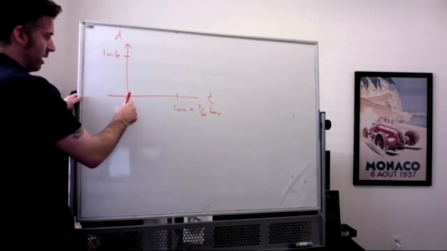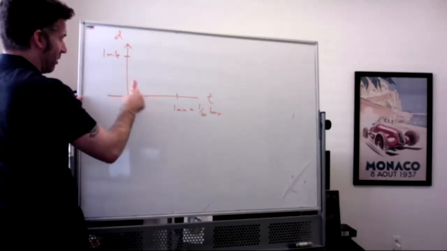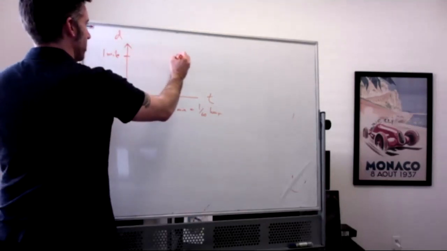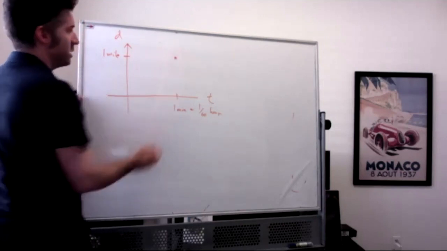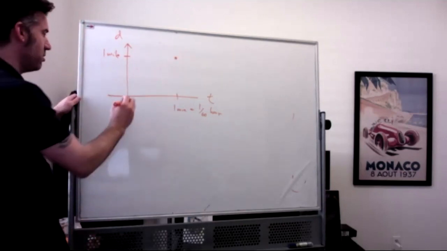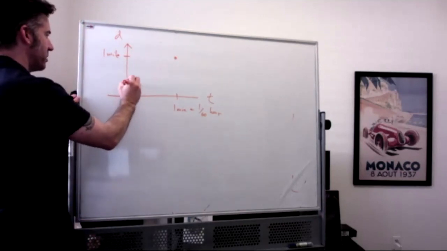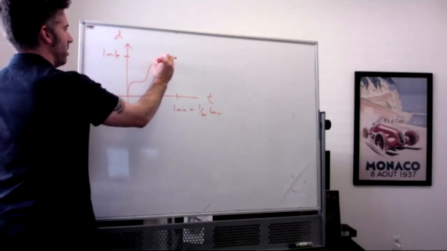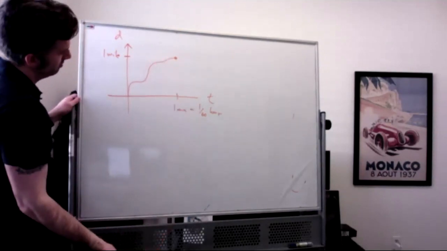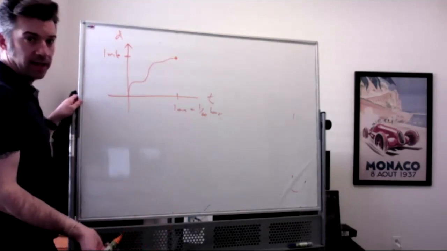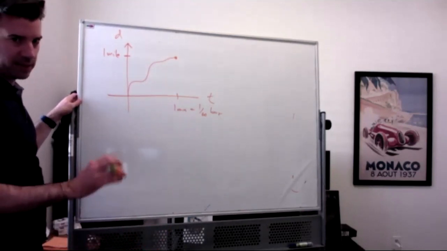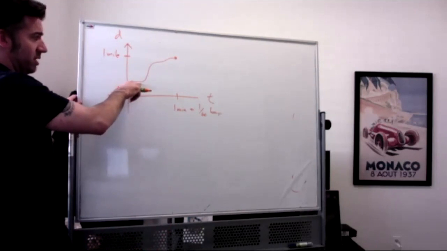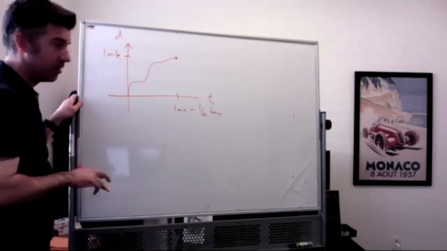As time goes on, my position is going to get to be exactly 1 mile. So I'm going to be up at this point. Maybe I start off fast, then slow down, then speed up again, then slow down, and then I get there. I almost stopped there. I was going real slow for a minute.